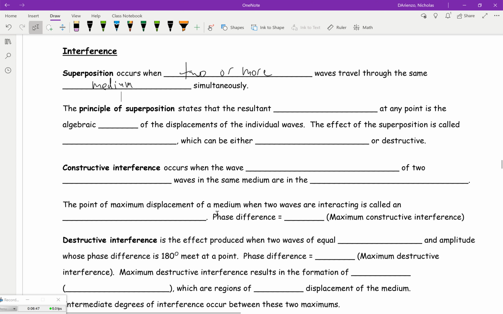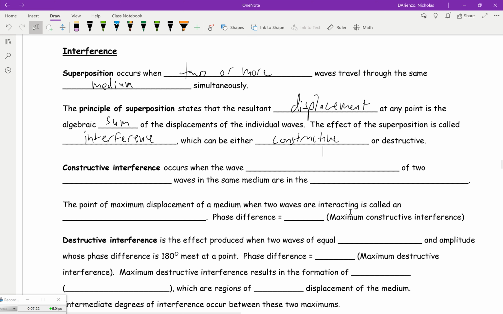So the principle of superposition states that the resultant displacement at any point is the algebraic sum of the displacements of the individual waves. Now, the effect of superposition is called interference, which can either be constructive or destructive.